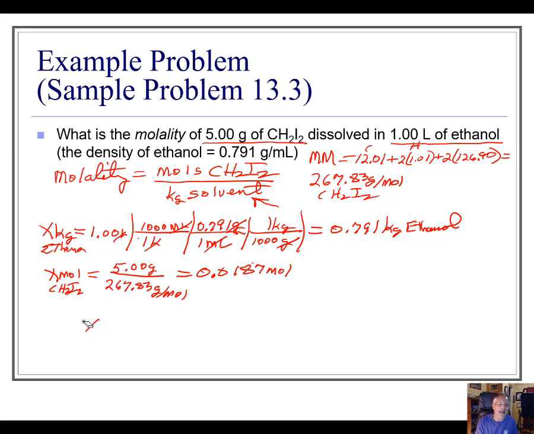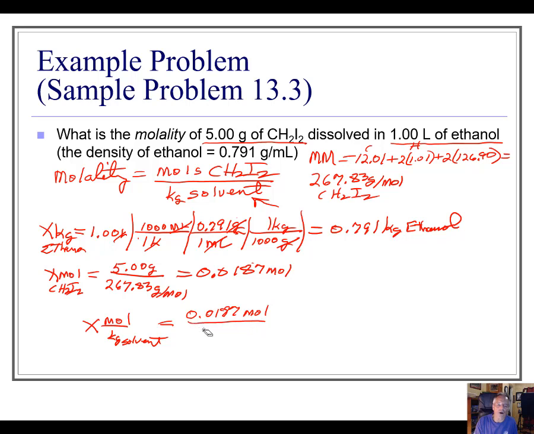All right, I'm ready to figure out what my molality is. X moles per kilogram. Remember, this is solvent only, not solution. That's the big mistake that people make. I have 0.0187 moles of my solute.